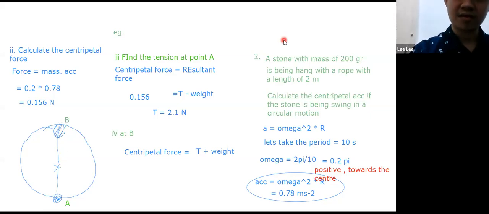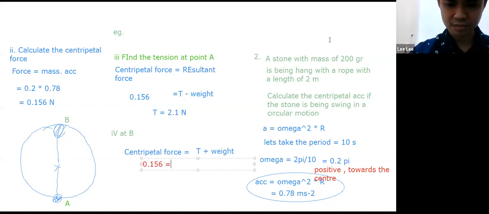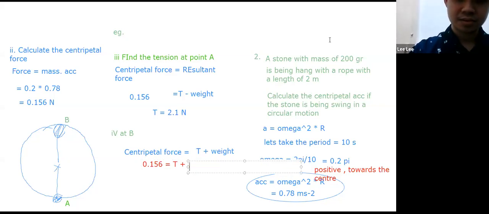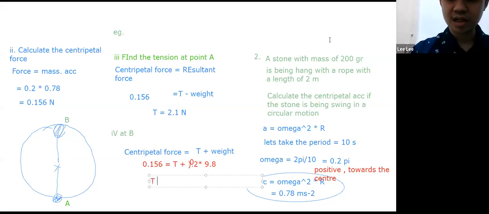So everything has to be positive. So 0.156 is positive, plus 0.2. So of course the tension will be the least at that point. You understand? Tension will be the least at that top part, if you think in common sense.